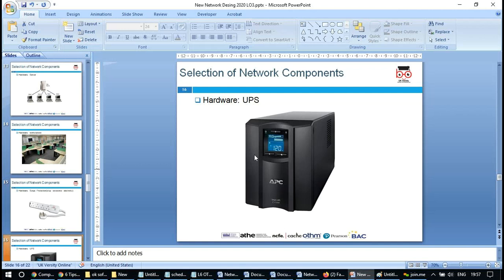Furthermore, you would require the UPS, uninterruptible power supply. Literally, there are power outage problems in this country.